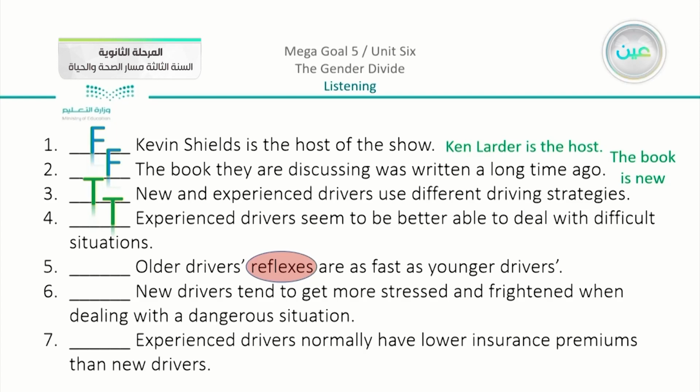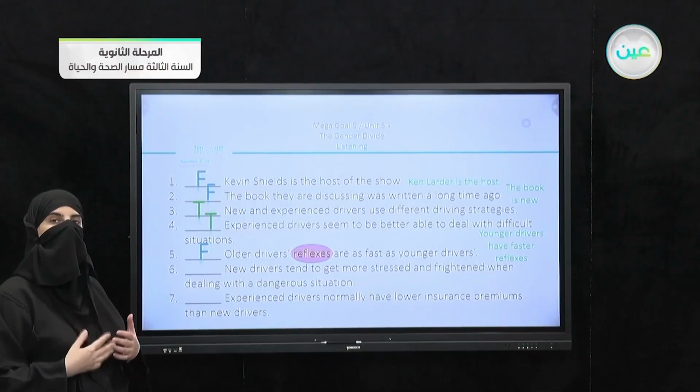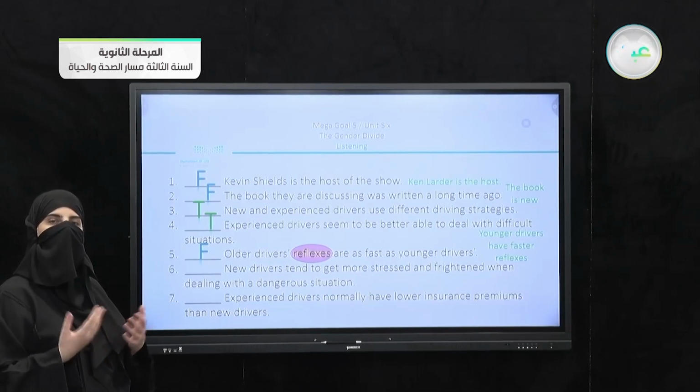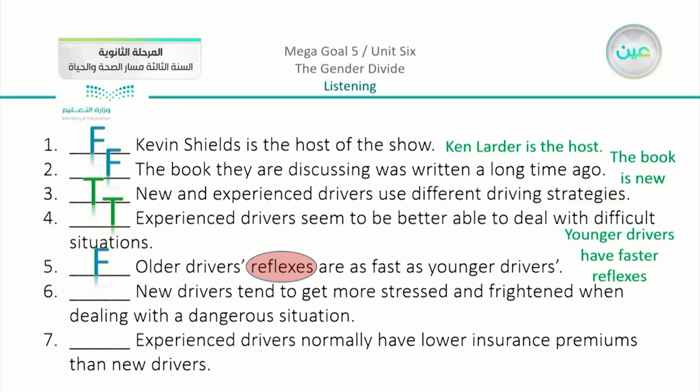Older drivers' reflexes are as fast as younger drivers. So we did mention the word reflex from the very start. Now we have this statement is actually false because it was mentioned that younger drivers have faster reflexes. Why? Because the older drivers, they are actually used to driving and they have more experience, which makes their reflexes different.